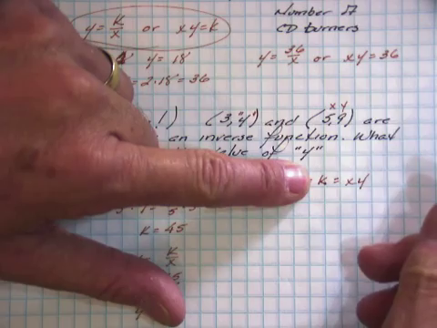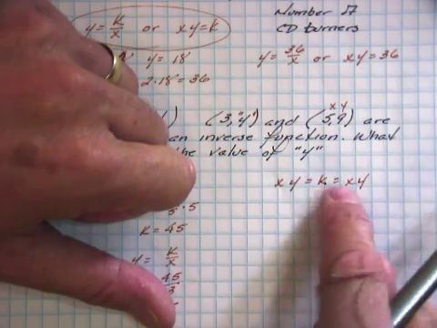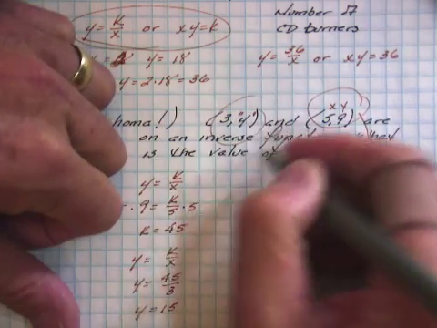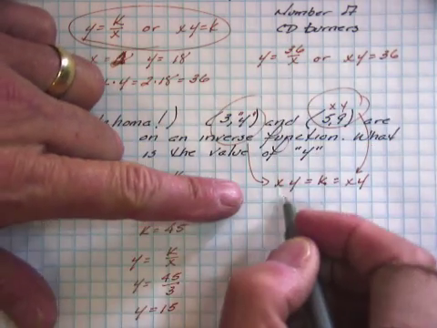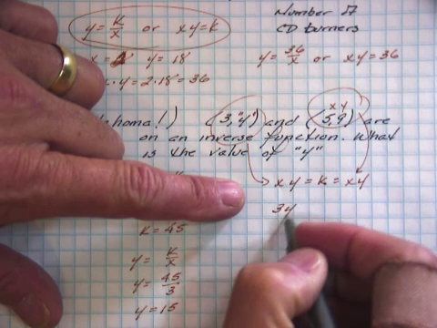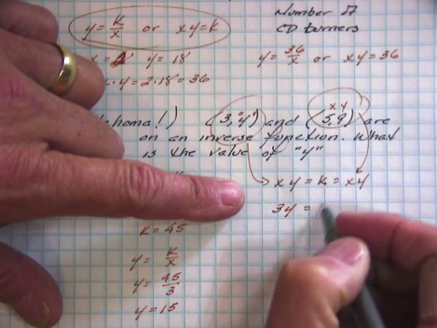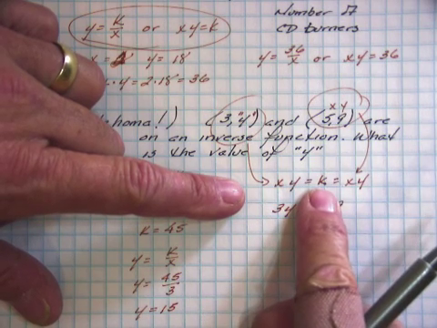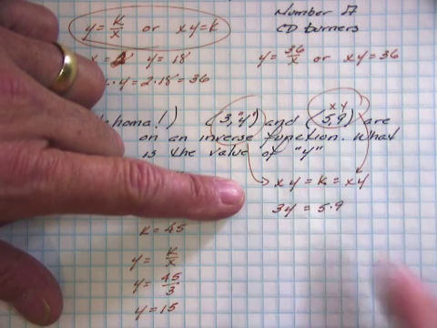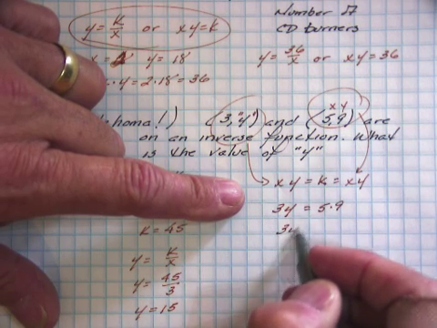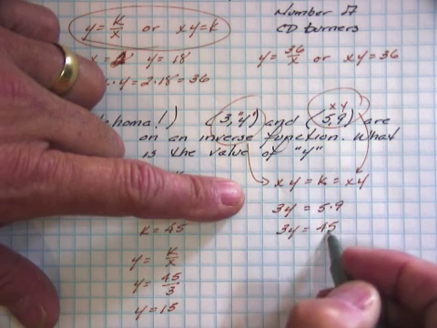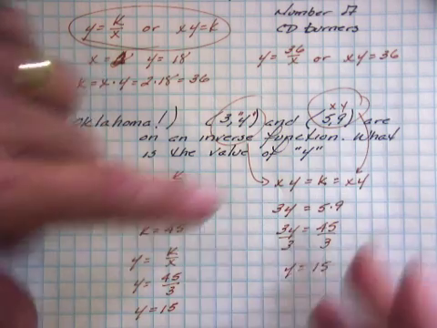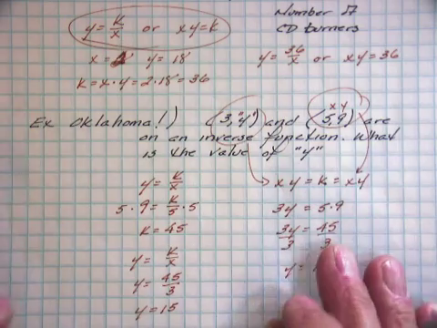There's another way though, and that's to use this form, xy equals k. Doesn't k equal xy? So if I treat this point on this side and this point on this side, I can write this: 3y equals 5 times 9.